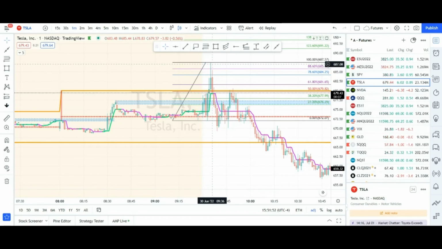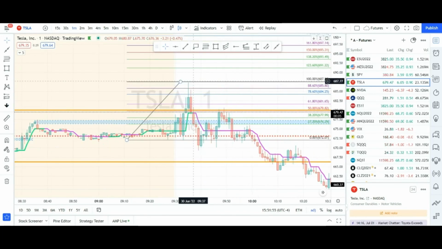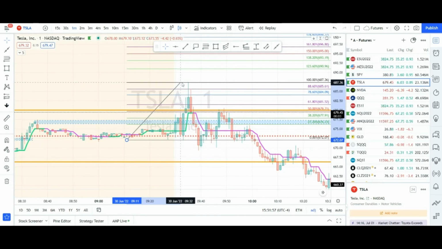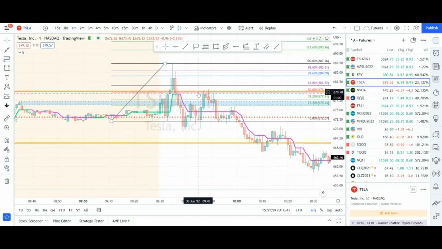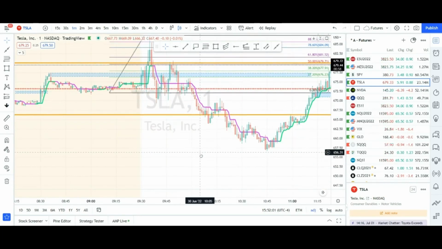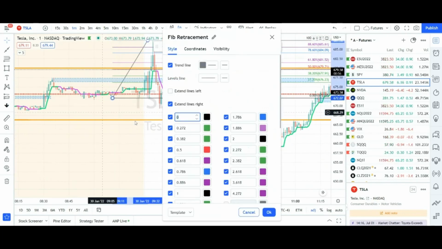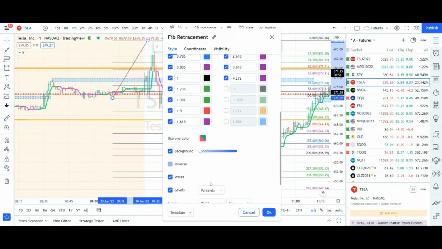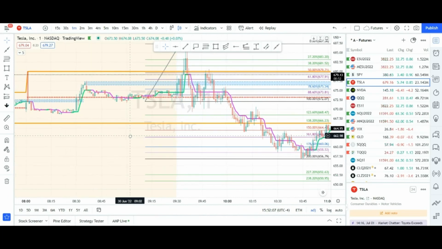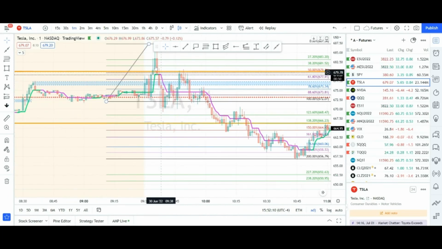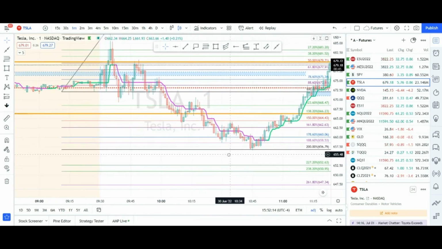The market shot up, this was the high, and now the market is coming down. I think I put the wrong one, but anyway, you can also go with this. So this was the low, this was the high, and the market came down here.